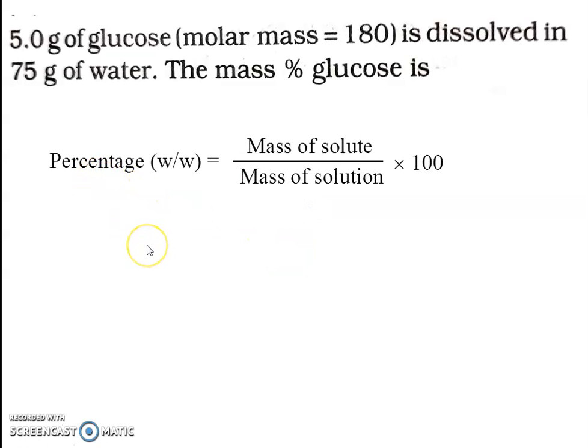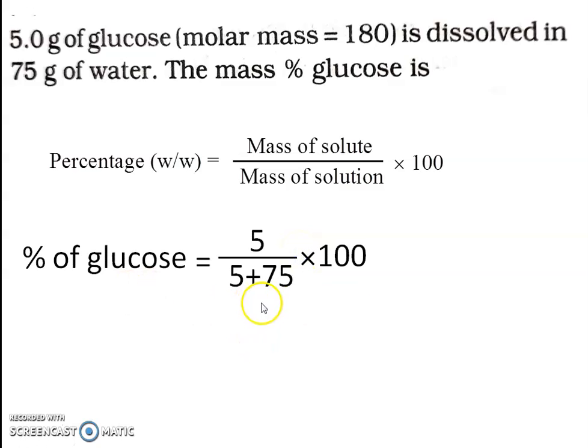Percentage by mass is the parts by weight of solute present in 100 parts by weight of solution, and its formula is percentage weight by weight equals mass of solute upon mass of solution into 100. Now the mass of solute is 5 gram and the mass of solution is the mass of solute plus the mass of solvent, that is 5 plus 75, that is 80. So all these values are given, we just substitute the values.